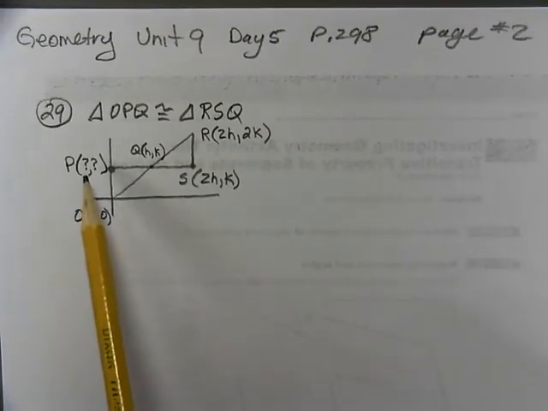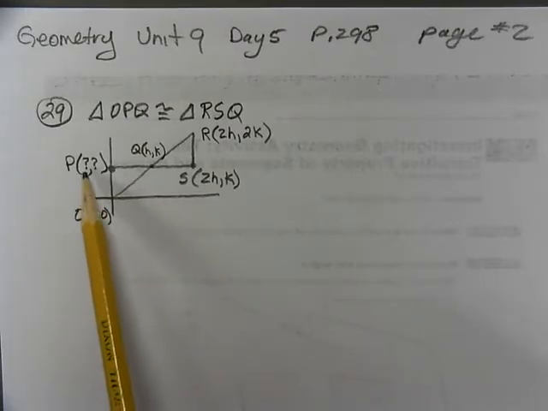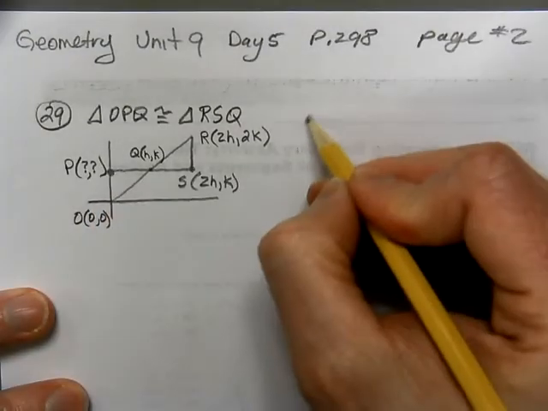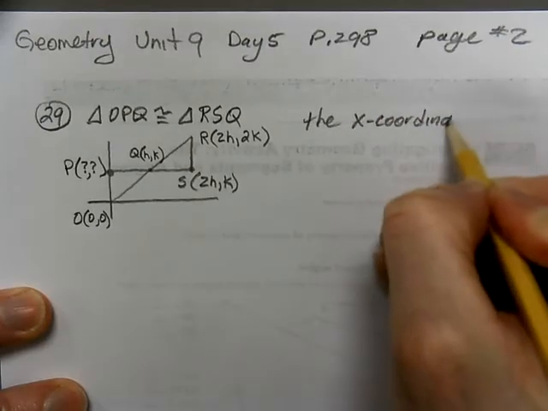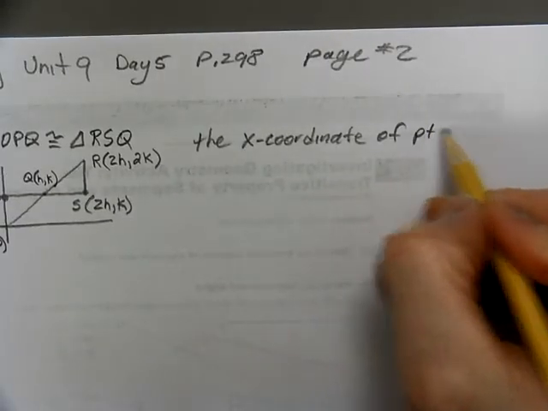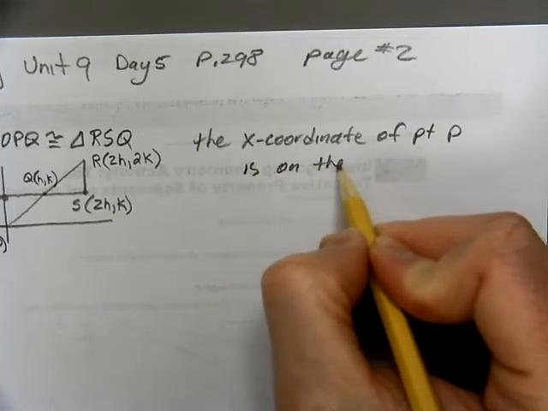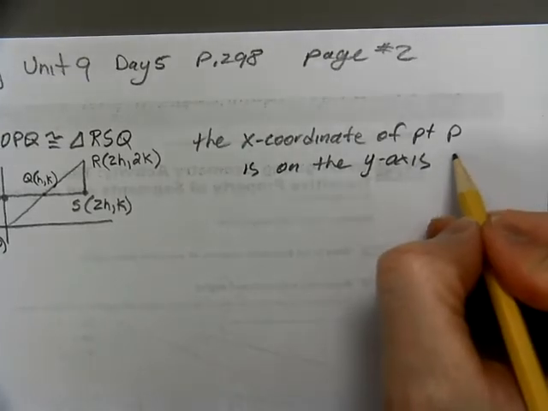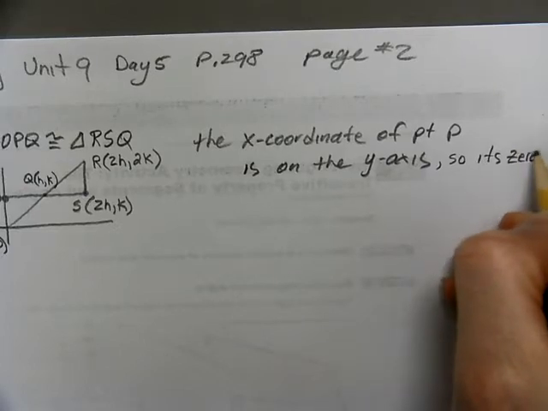I know that the x-coordinate of P is on the y-axis, so it's 0.